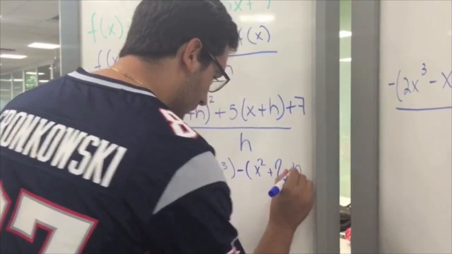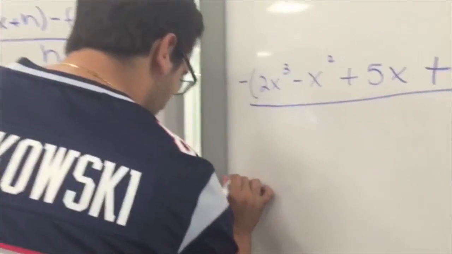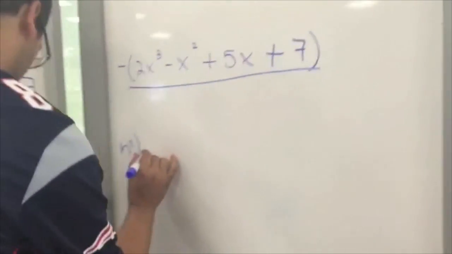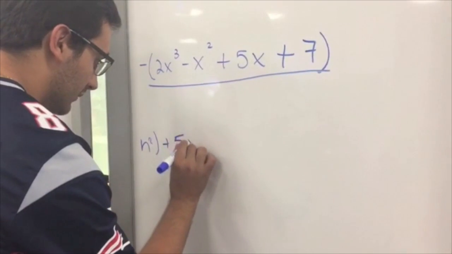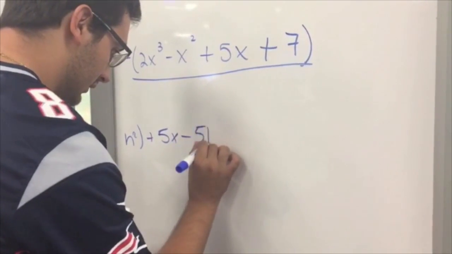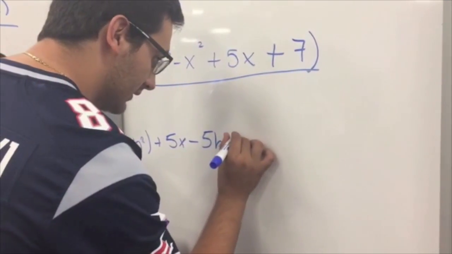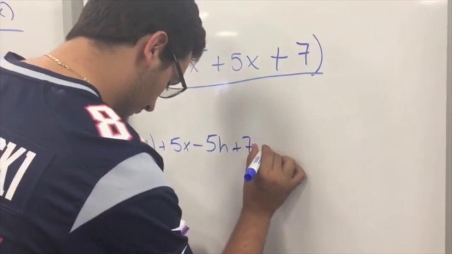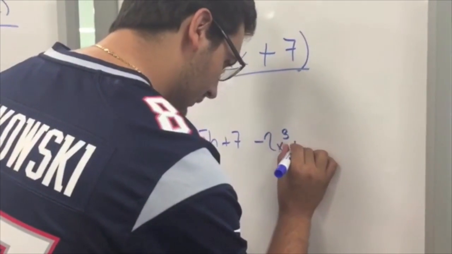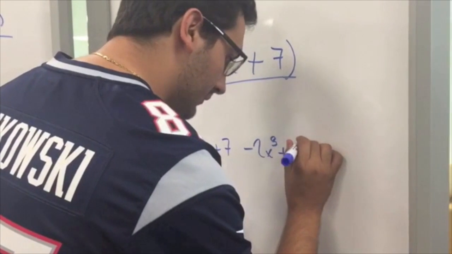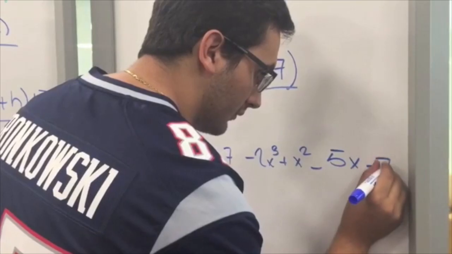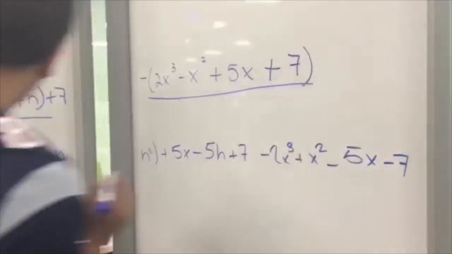We're going to square the first, square x, plus double the product, which is 2xh, plus h squared. Then we multiply the 5 times the parentheses, which is 5x plus 5h, then plus 7. And then we multiply the negative sign by all of the numbers inside. Remember that a negative times a negative is a positive. All of this has to be divided by h.